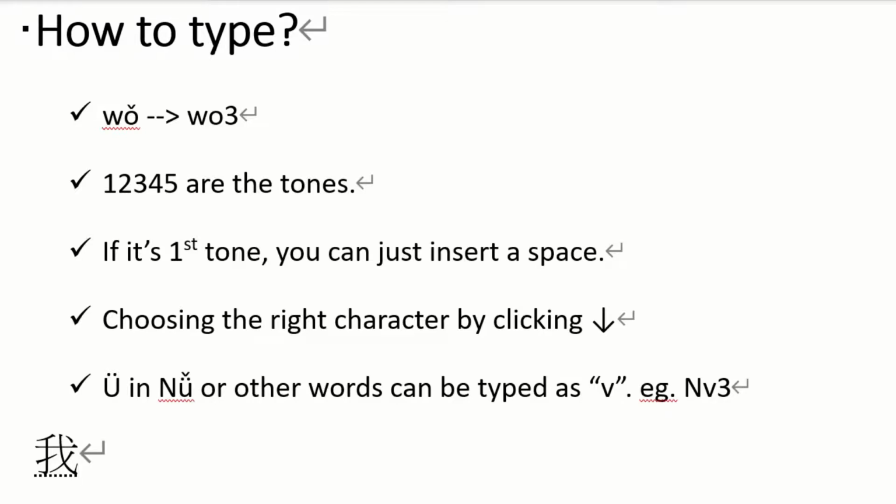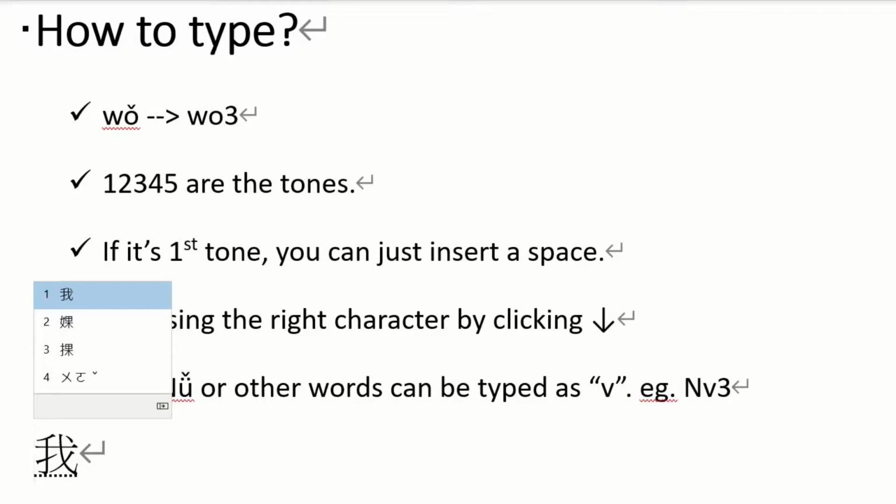But what if you want to choose other characters? You can simply click the button to go down. Remember, next to the numbers, there are buttons for up, down, right, and left.